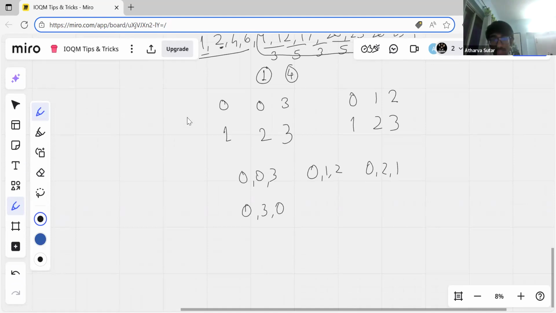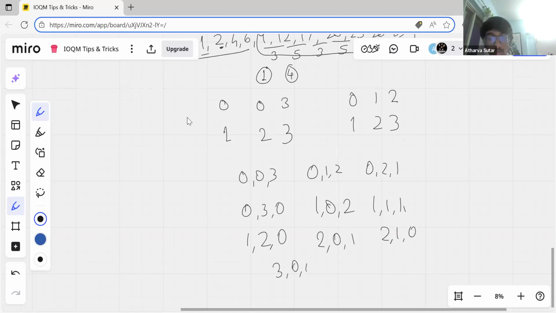And then you do a similar thing for the first child getting one coin: 1, 0, 2, 1, 1, 1, 1, 2, 0. So yeah, you get these 10 cases.